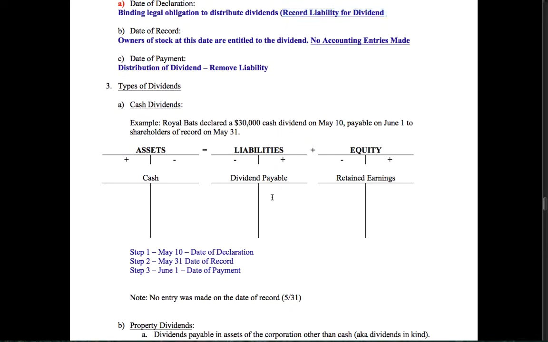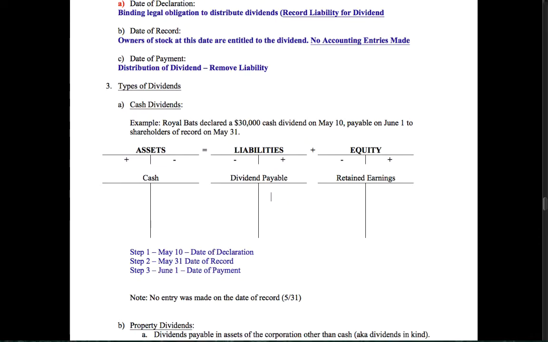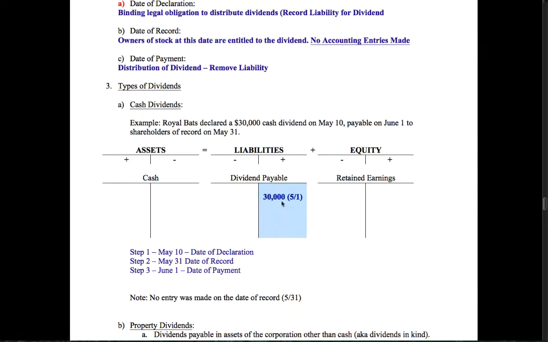Therefore, we need to increase the dividend payable by $30,000. One thing to note here is that we are just declaring the dividend. We are responsible for paying the dividend, but we will not pay the dividend yet. Therefore, we do not impact cash at this point in time.